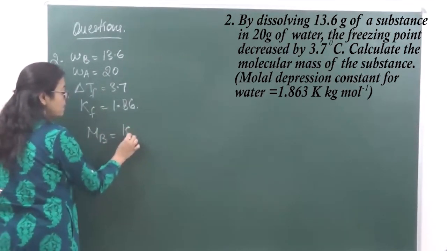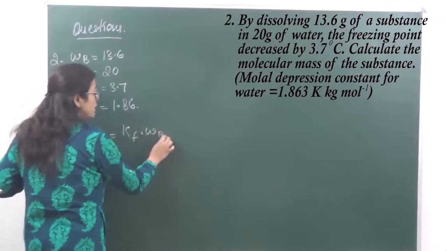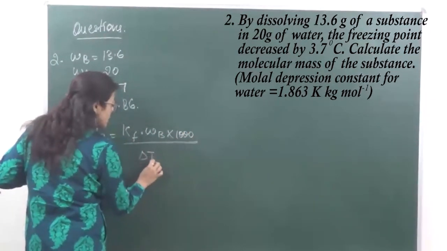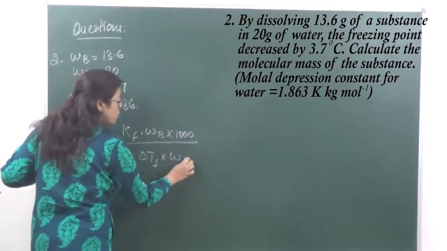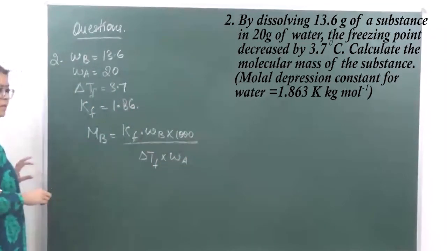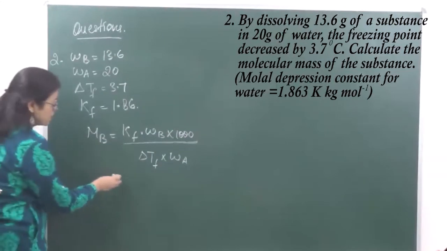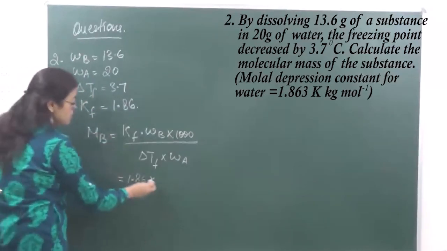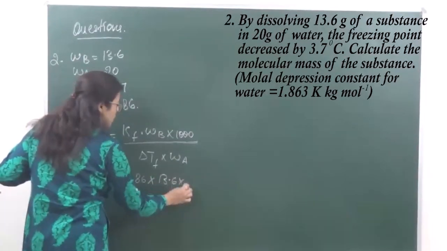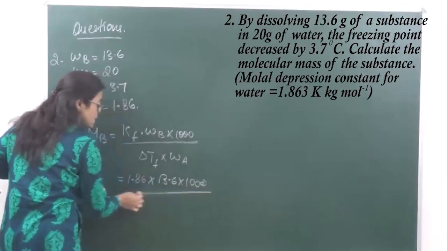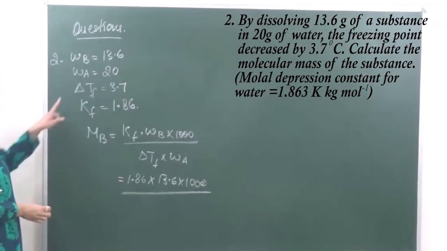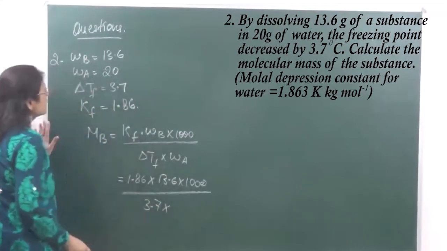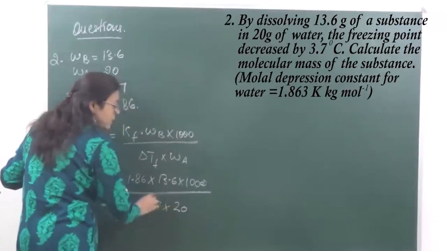Mb will become equal to Kf into Wb into 1000 upon delta Tf into Wa. This is going to be our formula, right? Kf given to us over here is 1.86, Wb given is 13.6 into 1000 upon delta Tf given as 3.7 and Wa given to us over here is 20.